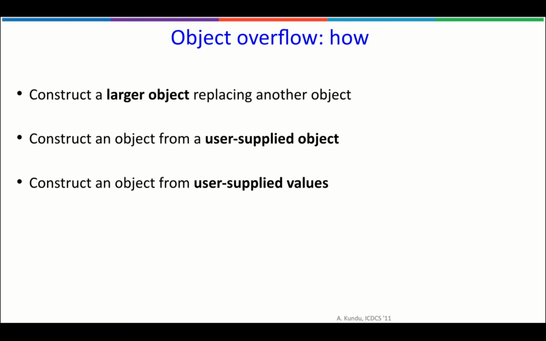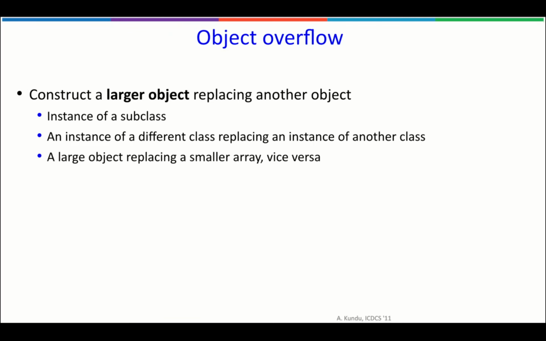Right? Construct an object from a user supplied object, where the user supplied object can be larger or smaller. If it is smaller, it can lead to memory leaks. Construct an object from user supplied values. If the user has supplied values, then they are all tainted, right? So therefore, you can carry out attacks on them.